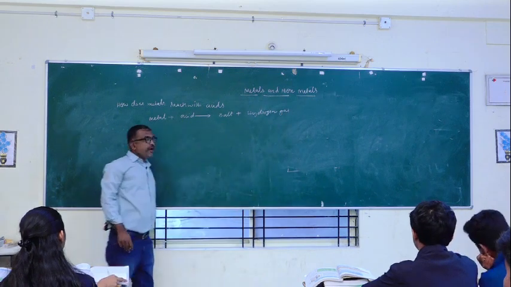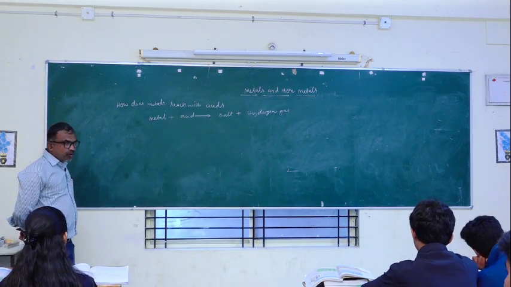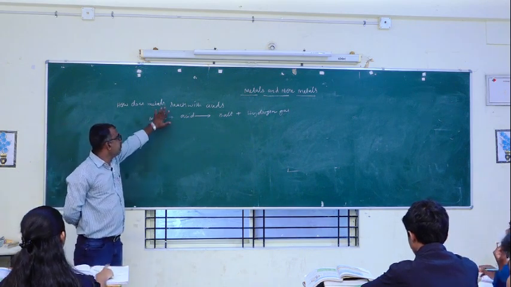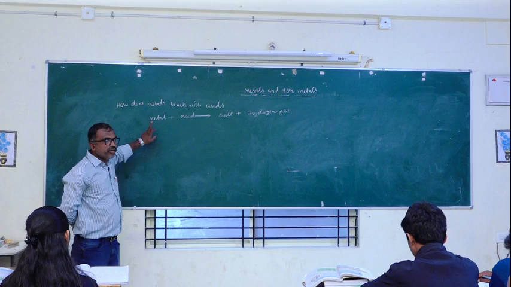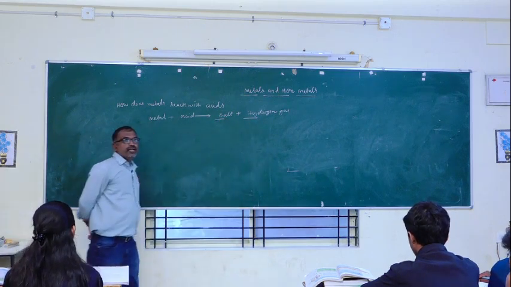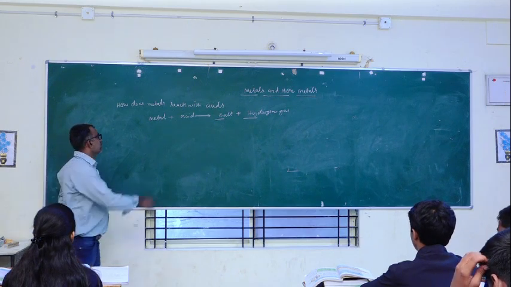This is the general statement, that is what happens when a metal reacts with acid. Any metal reacting with acid is going to produce salt and hydrogen gas. Okay, so you listen here.